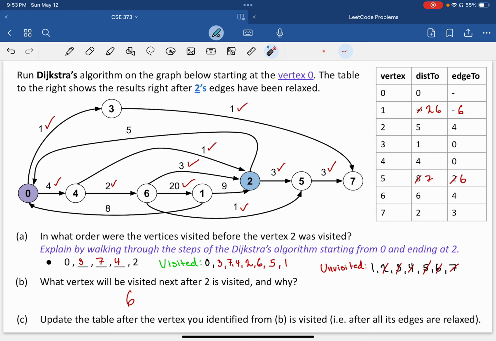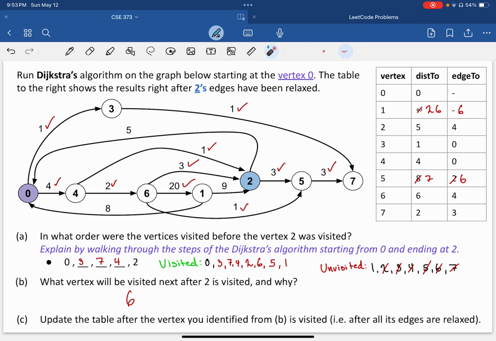And we see that 4 has two outgoing edges, which are 6 and 2. We can see that the distance to get to 2 is going to cost a weight of 5, because to get to 4 costs 4, then 4 to 2 is 1, 4 plus 1 is 5, so we know that it costs 5 to get to 2.